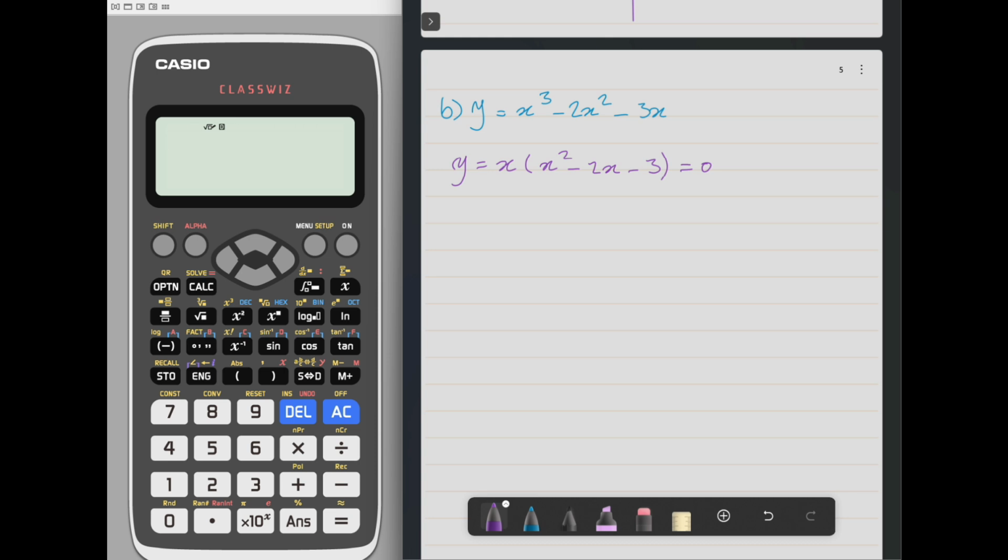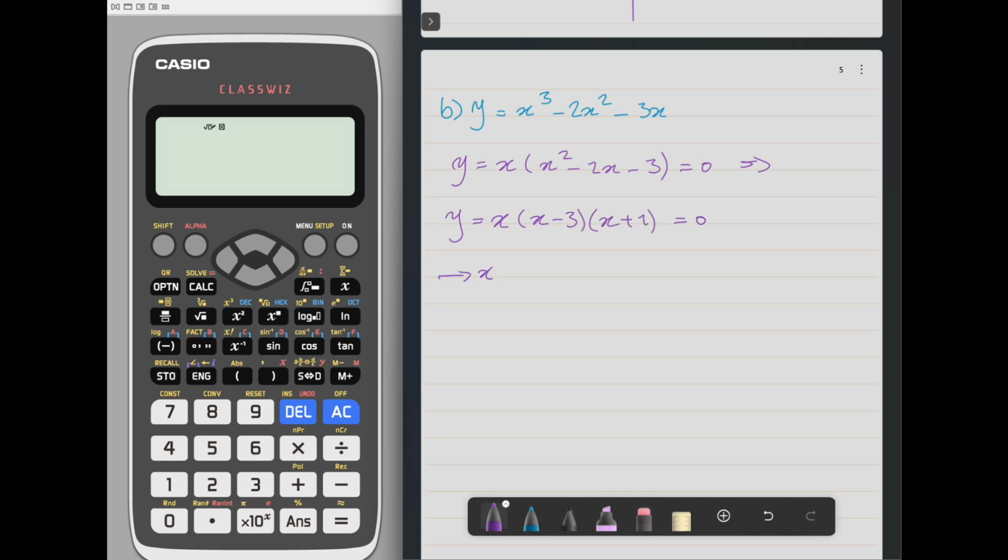I need a product of minus 3 and a sum of minus 2. What could those two numbers be? Of course, minus 3 and 1. So y equals x times (x minus 3) times (x plus 1), equal to 0.